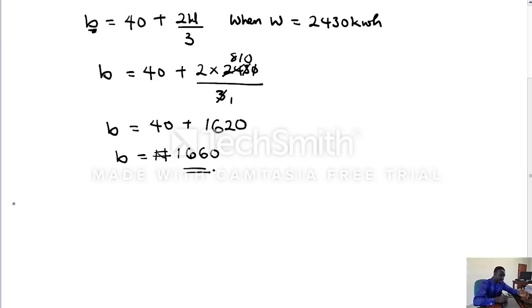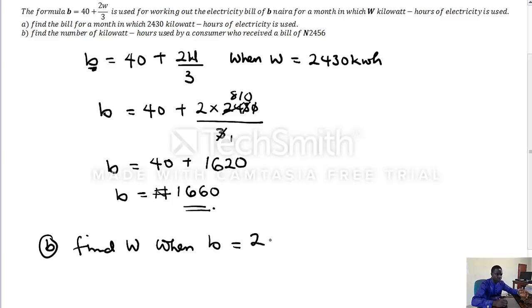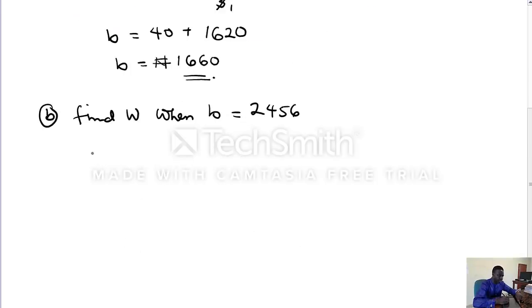So B says we should find W when B is given to be 2,456. The equation is given as B is equal to 40 plus 2W/3. So what I'm going to do is to substitute B for 2,456 naira, and therefore make W the subject of the formula.